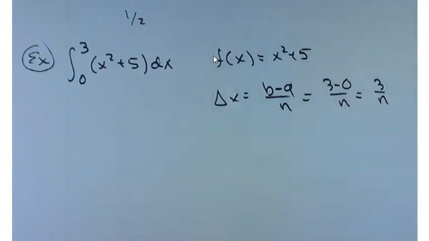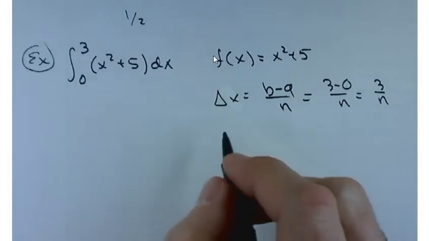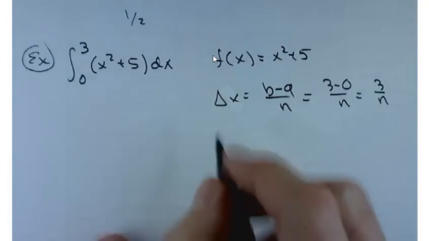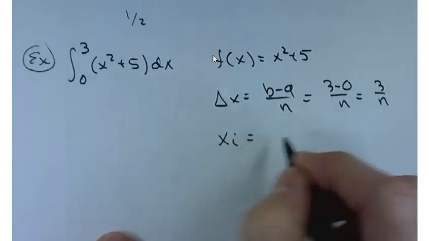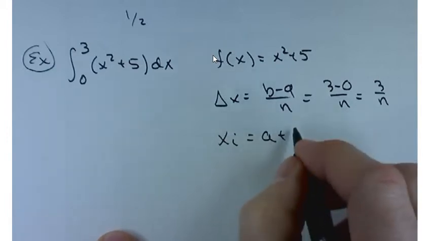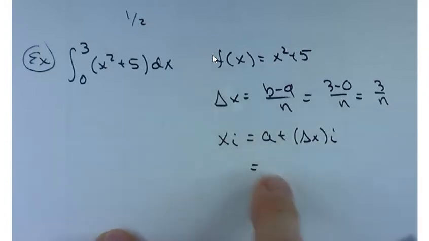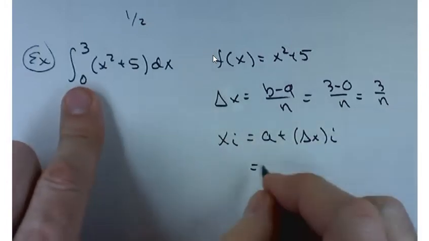How do you find the height of our rectangles? Well, we're going to need to evaluate that at certain points. So for that, I need, first of all, x sub i, which is going to be a plus delta x times i. A in this case was 0.